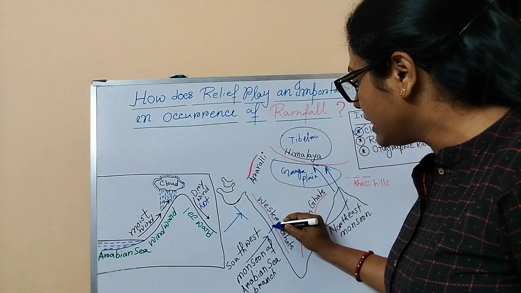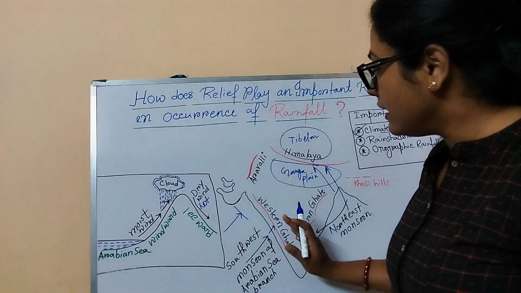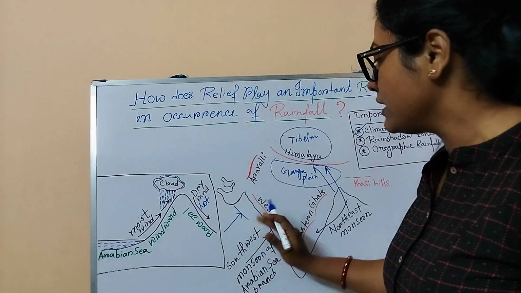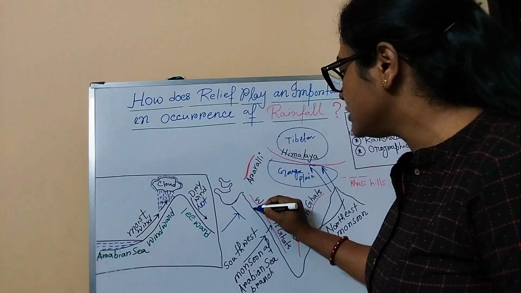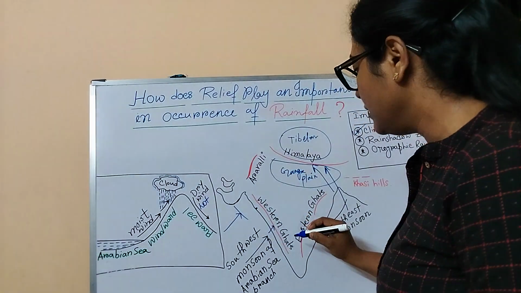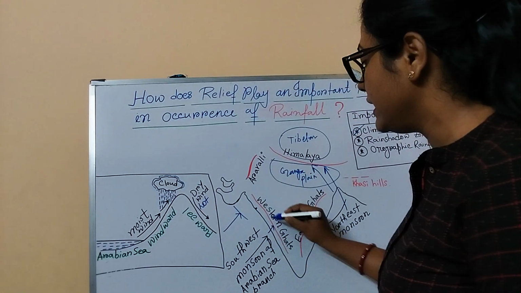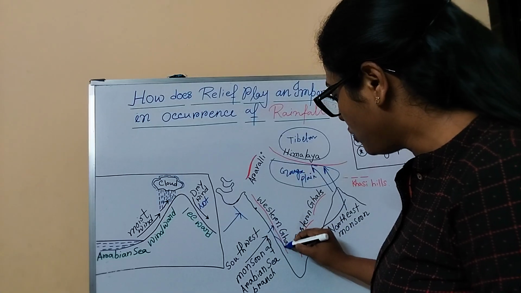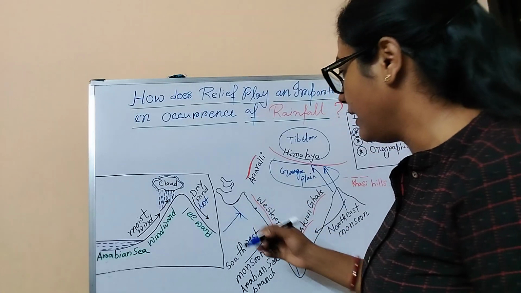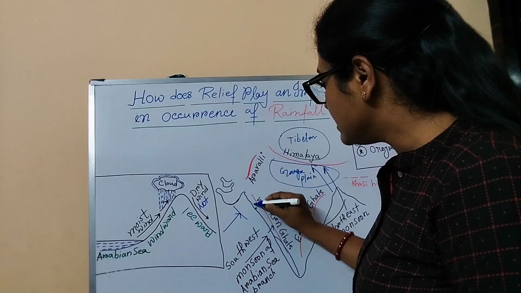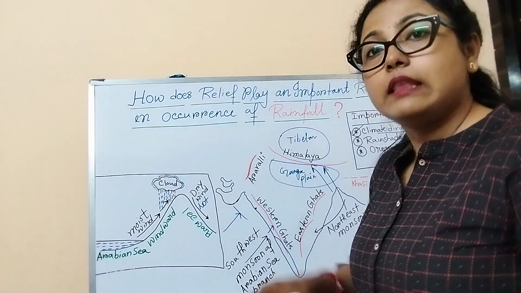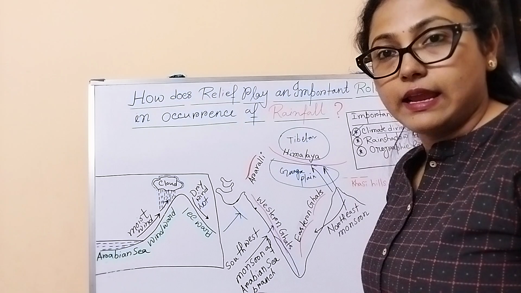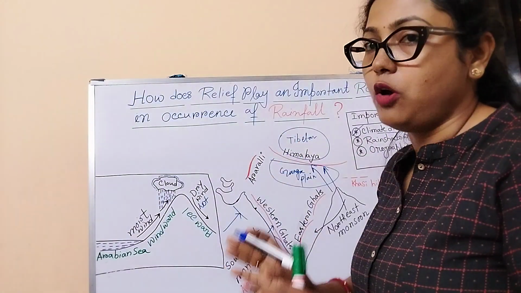Whenever it strikes against Western Ghat, the windward side, where Mahabaleshwar is situated, then your Malabar coastal plain is situated, means Kerala. Then Konkan coastal plain is situated, Mumbai is situated. In that area, the windward side, maximum rainfall will occur.